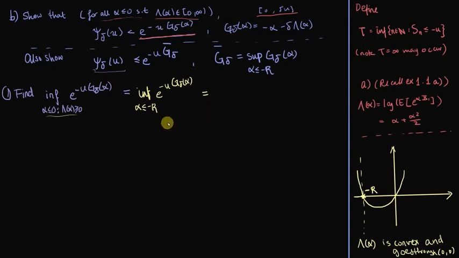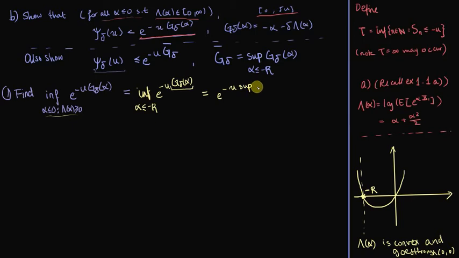And now we continue. We want to find the infimum of this expression. Well, how do we make this expression as small as possible? By making this thing here as numerically large as possible. So this is equal to e to the minus u, and then by trying to make this thing here just as large as possible.